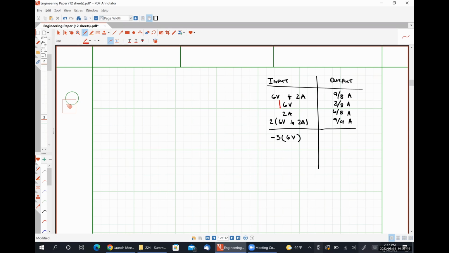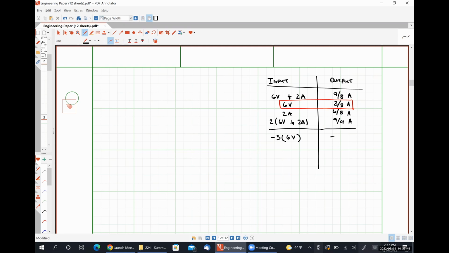So we just need to look at this bit in our table, okay? So when we had a 6-volt source on by itself, we observed that our current at the output was 3/8 of an amp. If we scale our input by a factor of -3, we should scale our output by that same factor of -3.